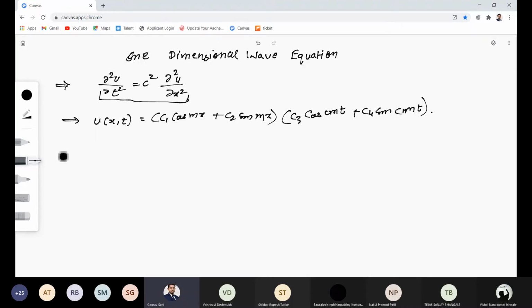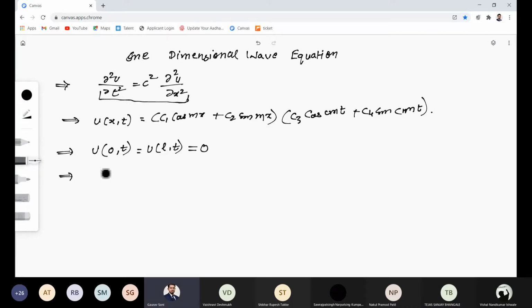The boundary condition and the initial condition. So at the initial point and at the final point u(L, t), if the string is of length L, then the deflection at these 2 points will always be 0.